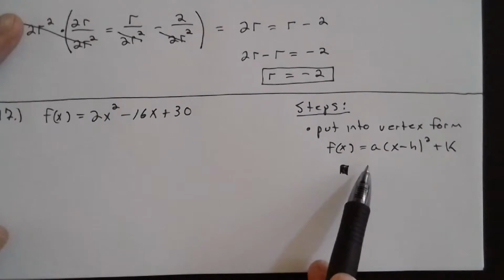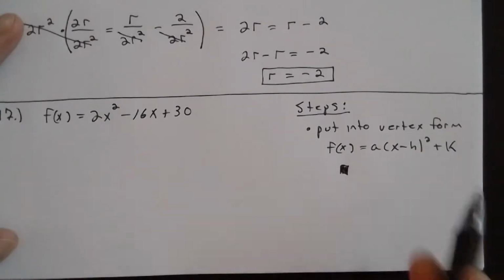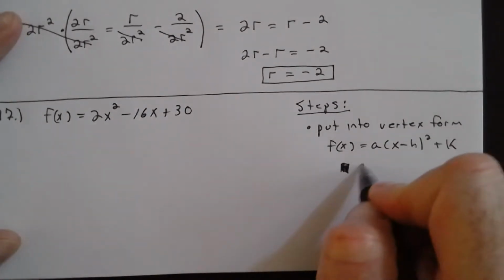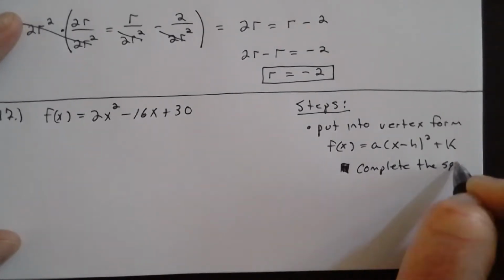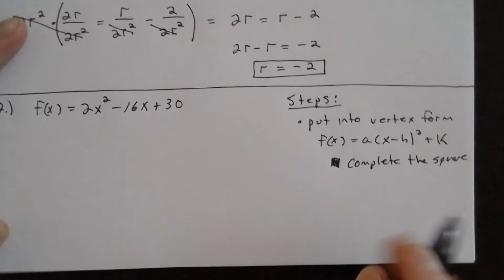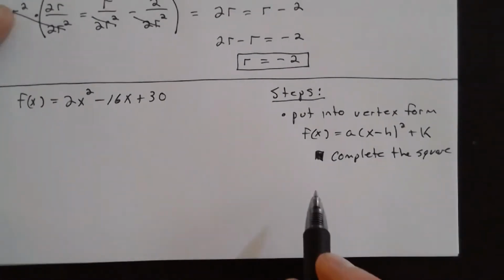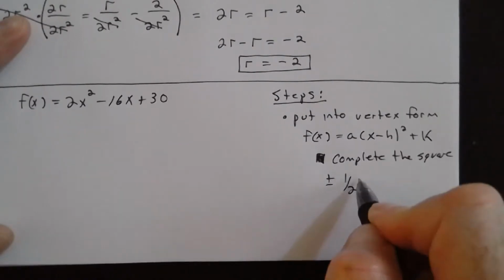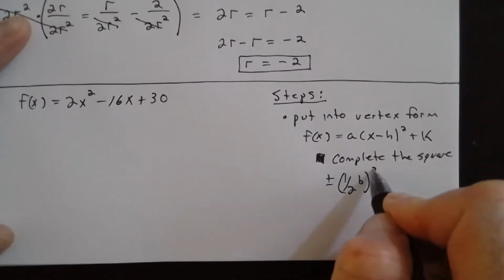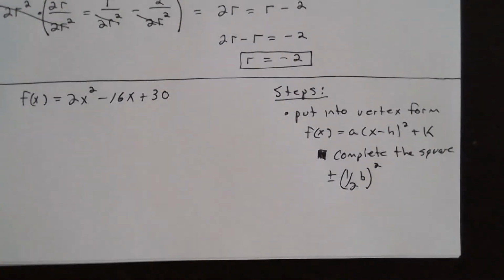This is accomplished by using complete the square. We're going to add and subtract 1/2 the coefficient of b squared.